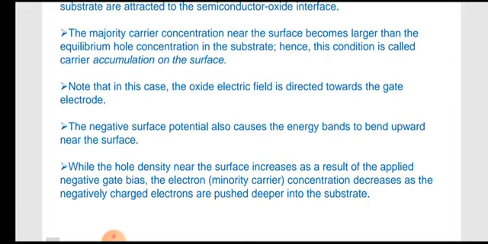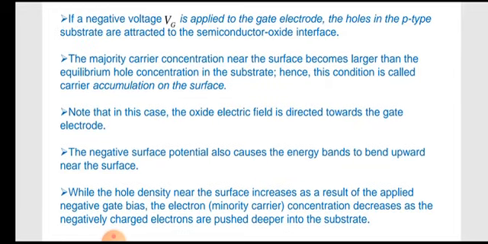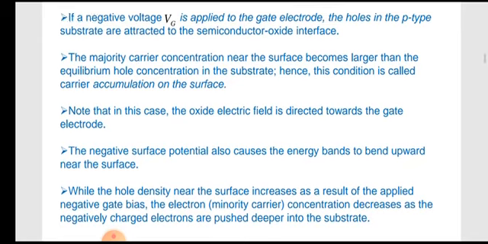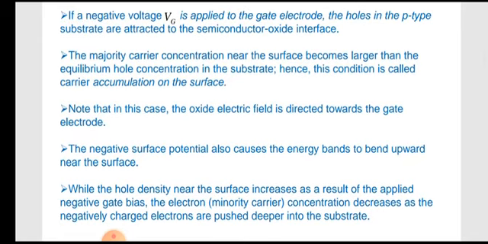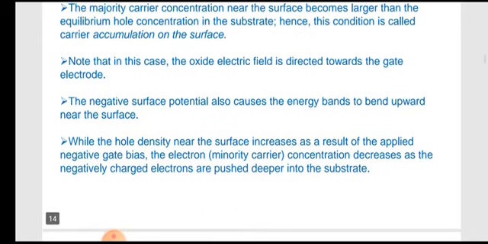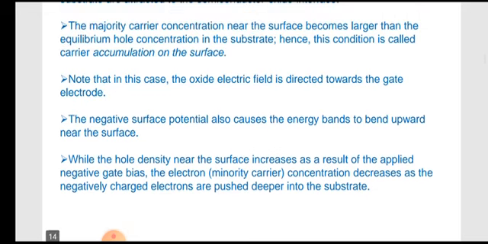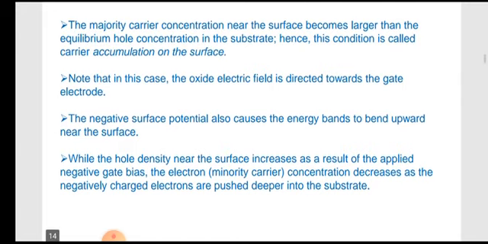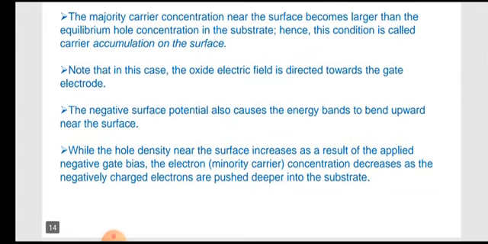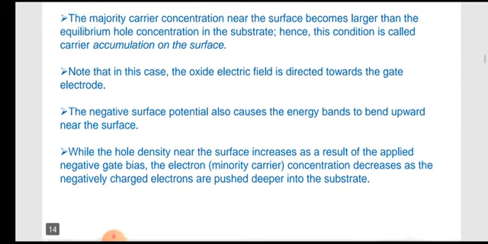The negative surface potential also causes the energy band to bend upward near the surface, while the hole density near the surface increases as a result of the applied negative gate bias. The electron, which is the minority carrier, concentration decreases as the negatively charged electrons are pushed deeper into the substrate in this condition.